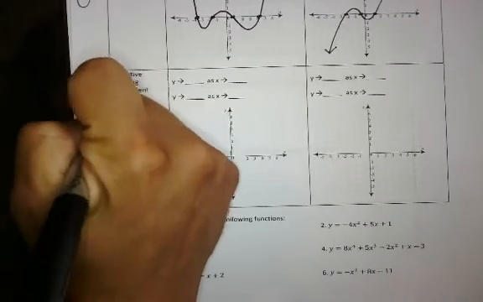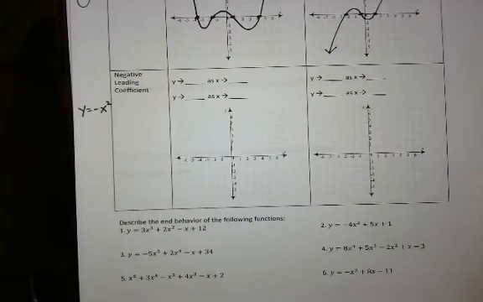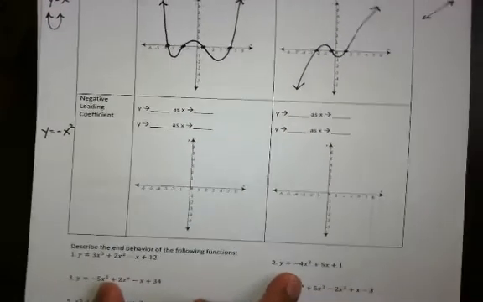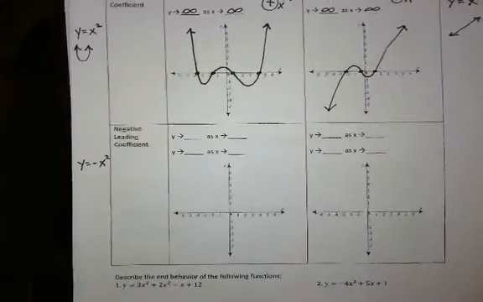So now we're going to deal with negative numbers. When we have y equals negative x squared, what does our graph look like? What is our graph going to look like?